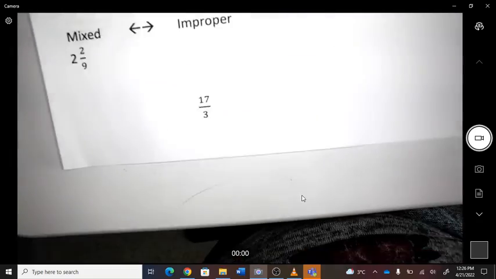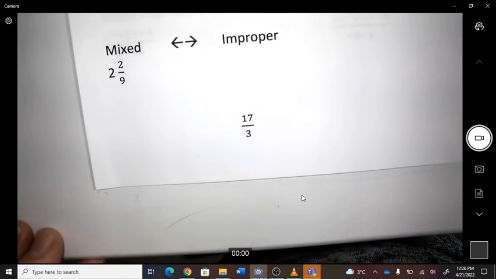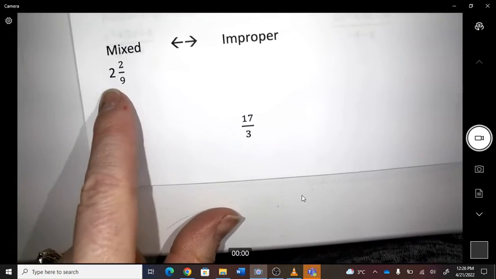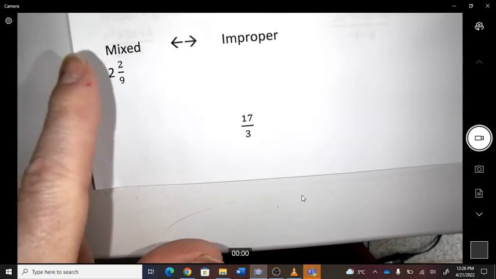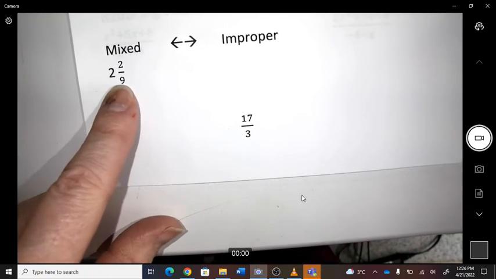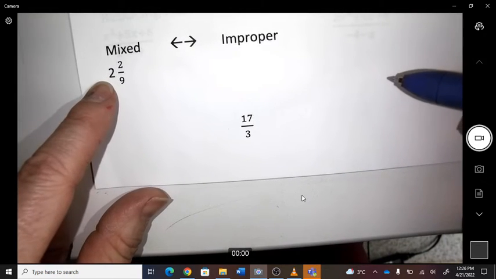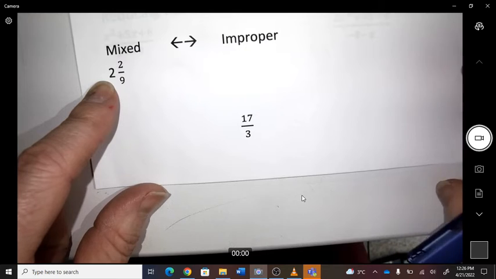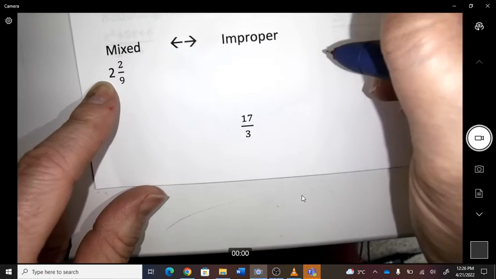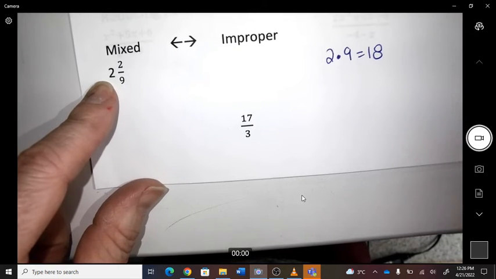Okay, and then you've learned this somewhere. This is called a mixed fraction because it has a whole part and a partial part. Okay, so think about your pies getting cut into 9ths. If you have 2 entire pies with 9 slices, that's already 18 slices.